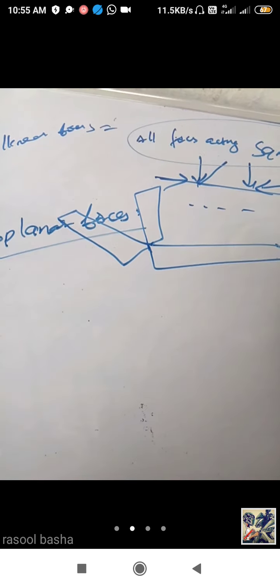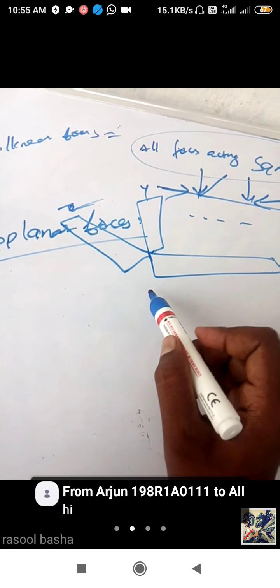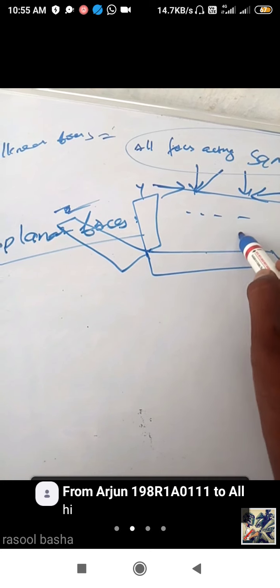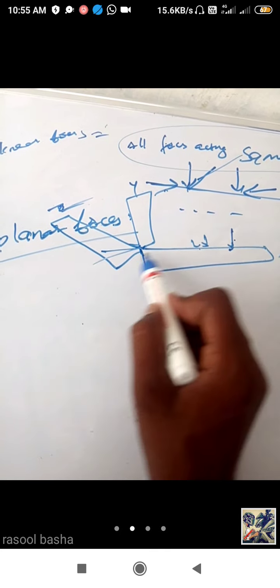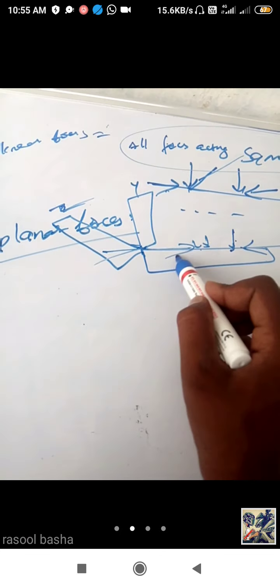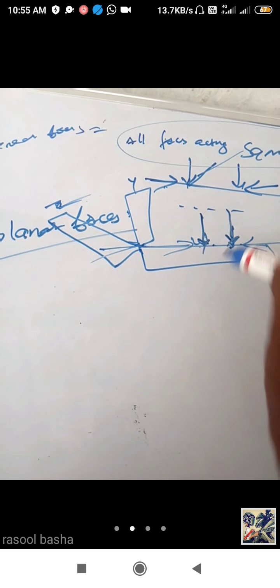This is the X plane, Y plane, Z plane. So all the forces act in a single plane, not inclined, not horizontal. If all forces act horizontally, or all act vertically, that type of forces we call coplanar forces.